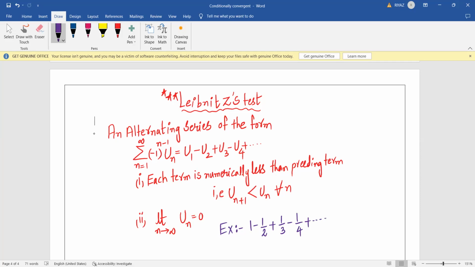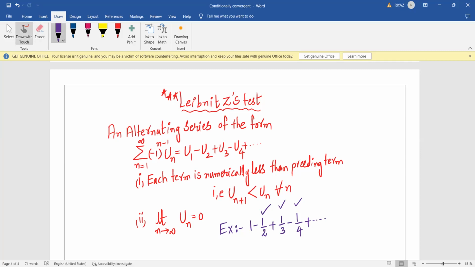And you see, every succeeding term is numerically less than the preceding term. The value of 1 by 2 is 0.5 and 1 by 3 is 0.3, then 0.2 and so on. So every coming term is numerically less than the previous term, irrespective of sign. So this is the best example.